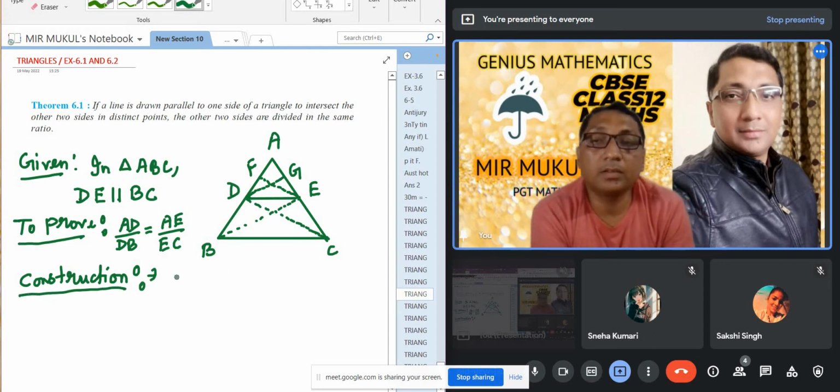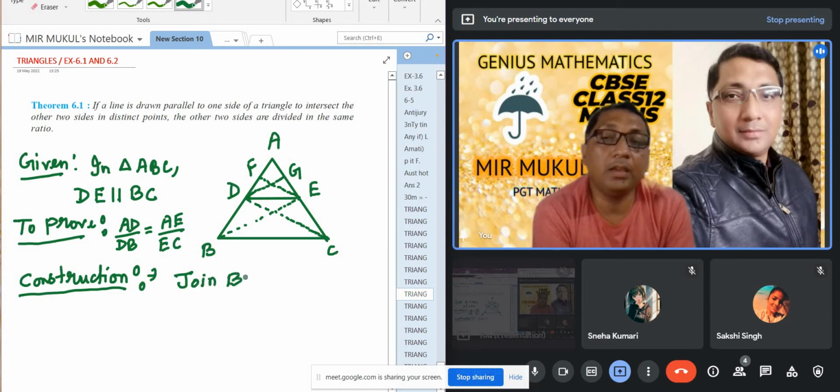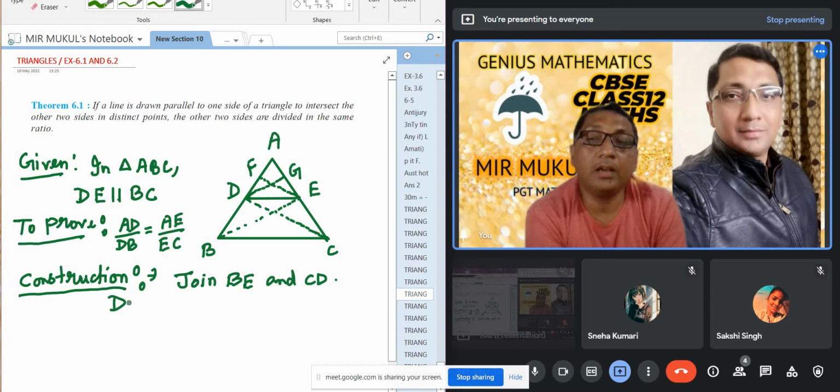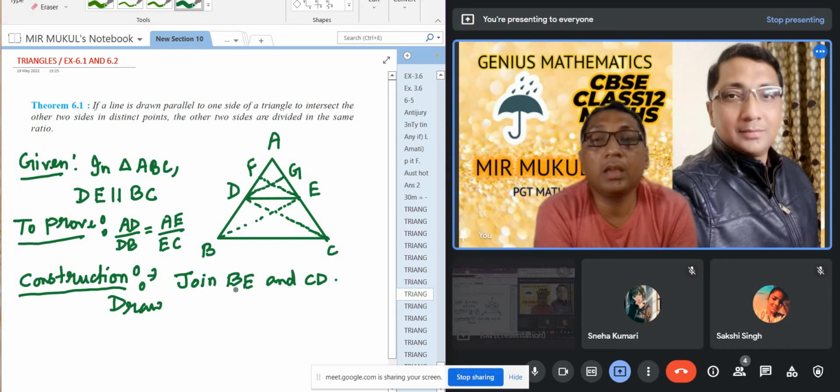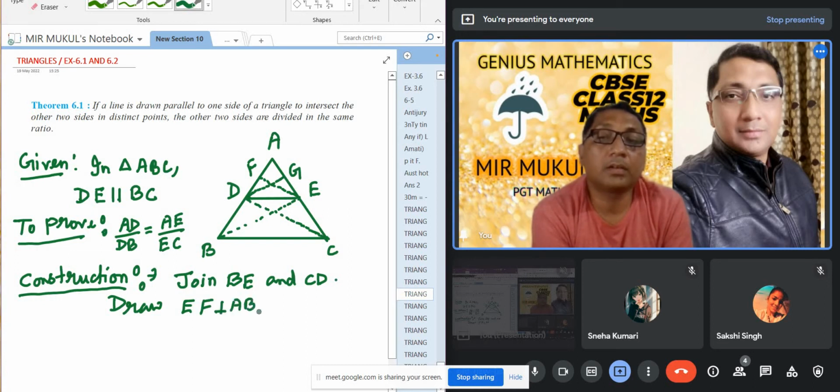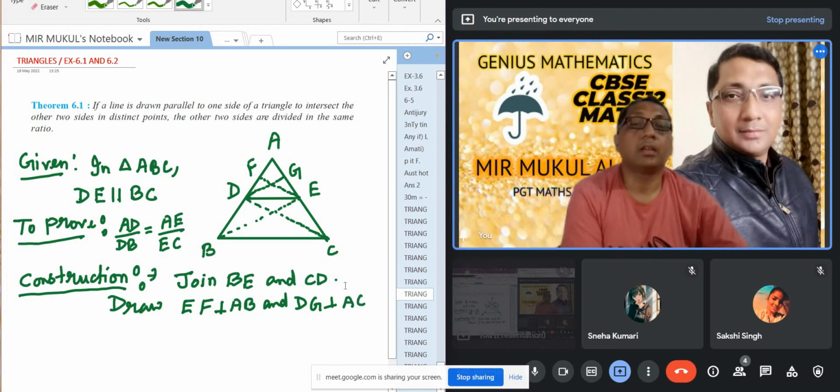We have to join BE and CD. Then draw EF perpendicular to AB and DG perpendicular to AC. Right?